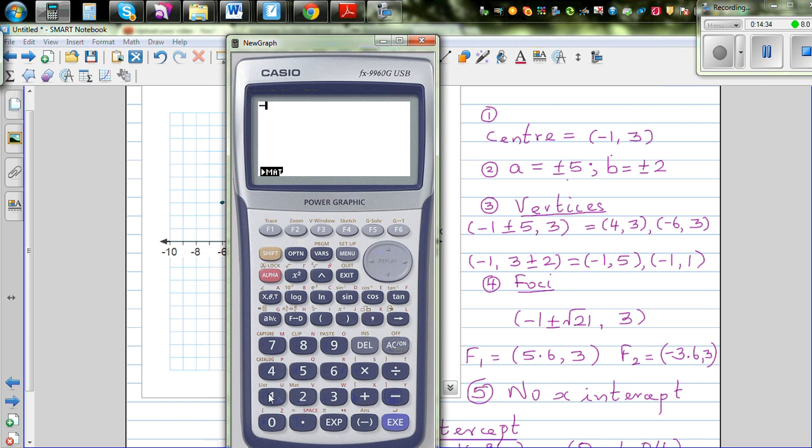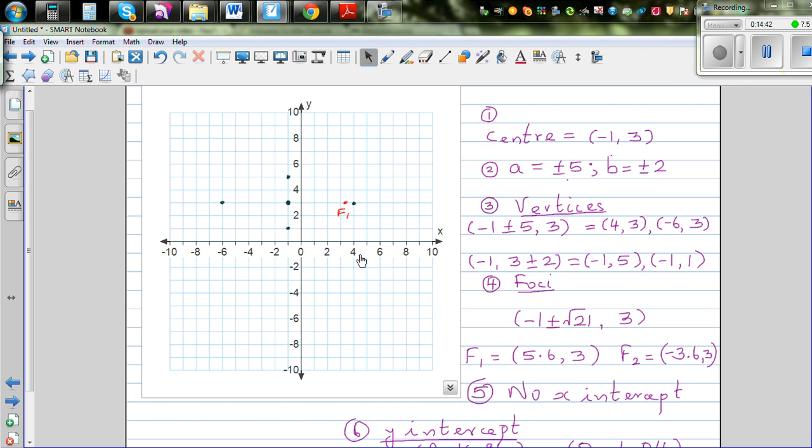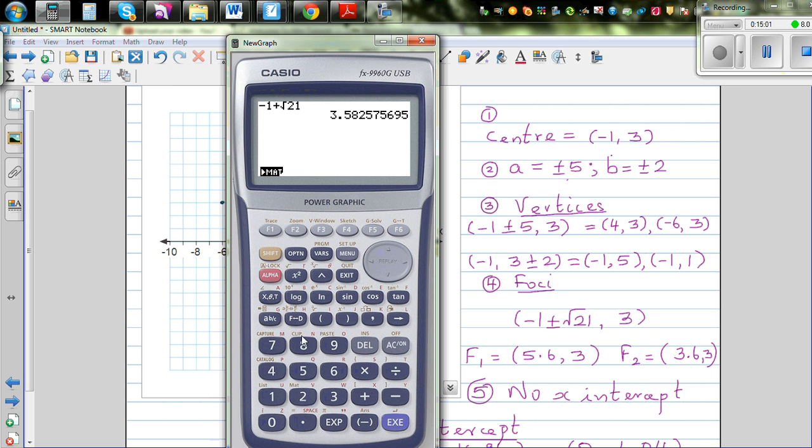If you go minus 1 plus root 21, you get 3.6. Yeah, this should be plus 3.6 here, 3 and 3.6. And minus 1 take away root 21 would give you minus 5.6.